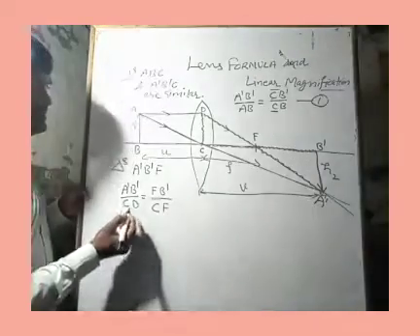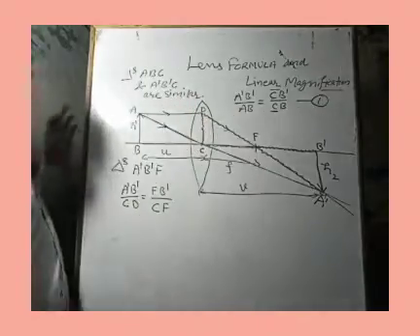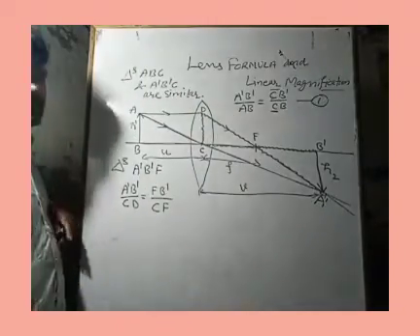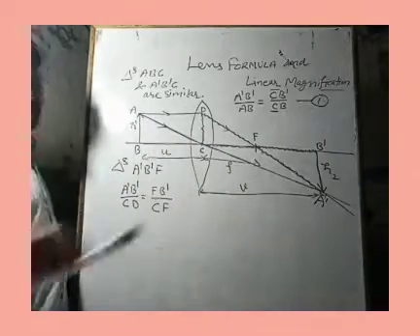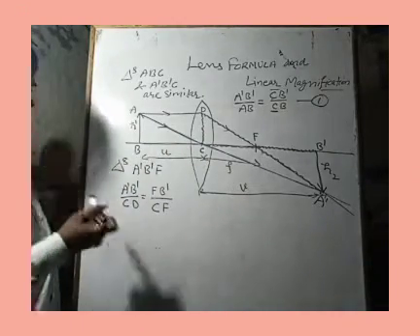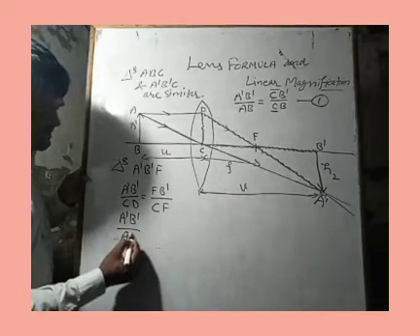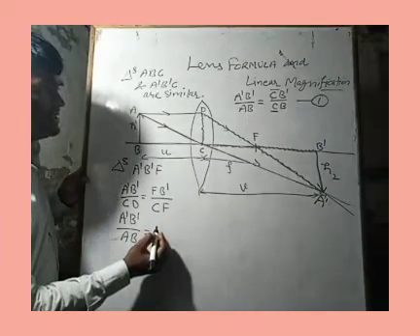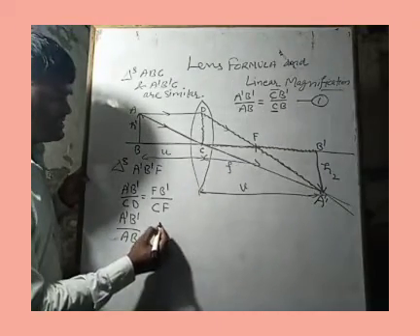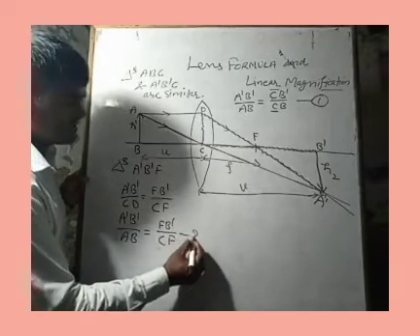Then look here, this CD is parallel to AB. Hence we can replace CD with AB, such that it will be equal to FB dash divided by CF. Let it be equation number 2.